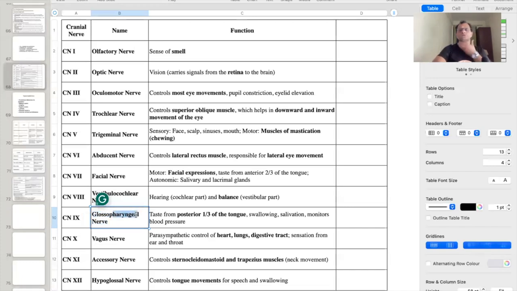Pharyngeal means the pharynx. It is connected with swallowing and formation of saliva. The 10th nerve is the biggest nerve, with parasympathetic control of the heart, lungs, and digestive tract. The 11th nerve is the accessory nerve. It has connection with the neck muscles, the sternocleidomastoid muscle, the trapezius muscle, the muscles of the shoulder, and all three nerves take exit from the jugular foramen. Very important.